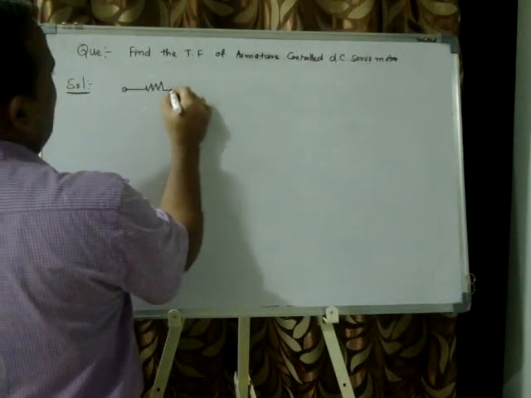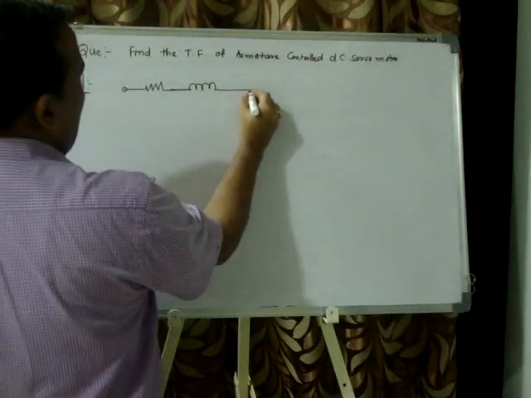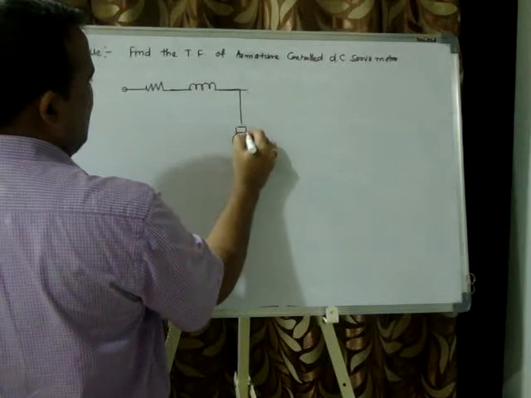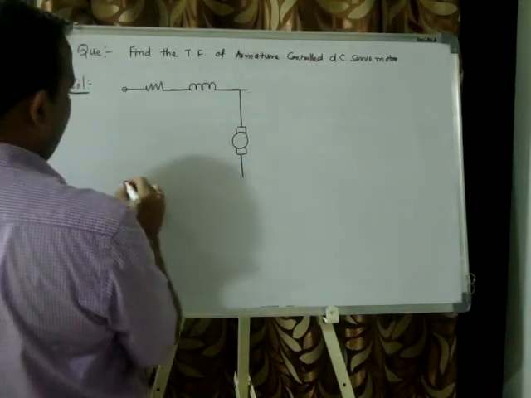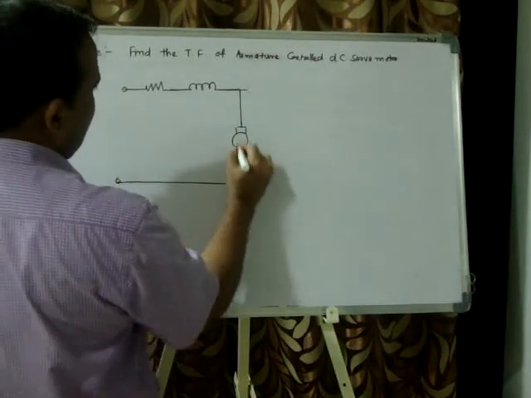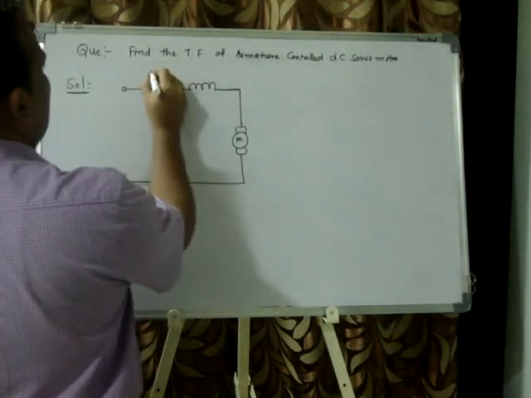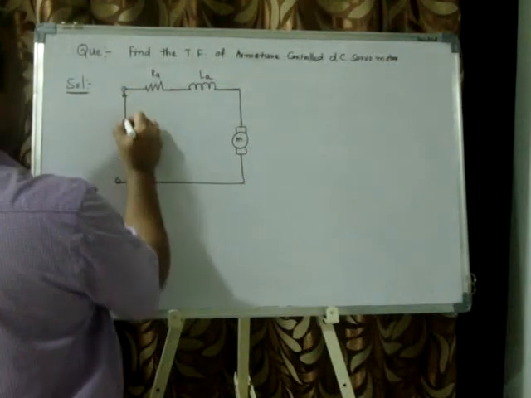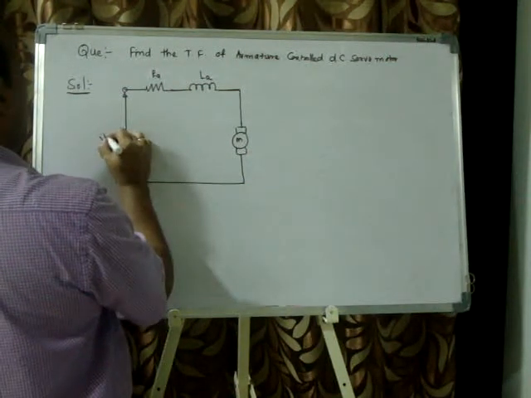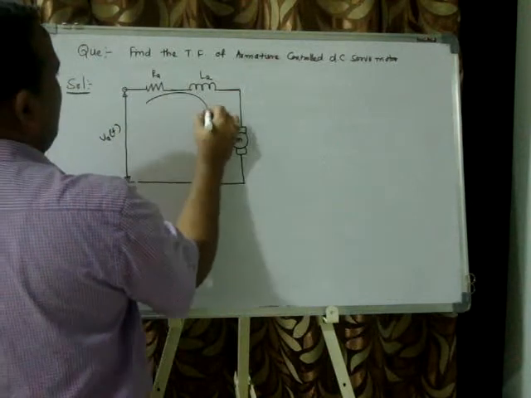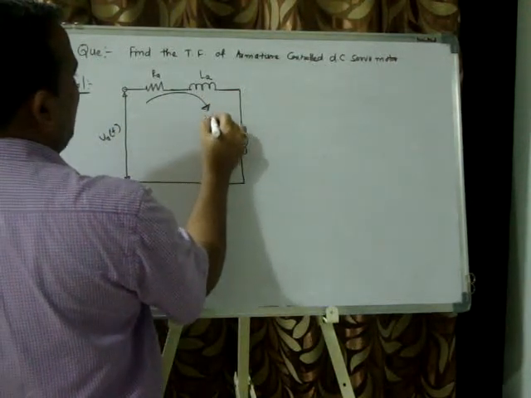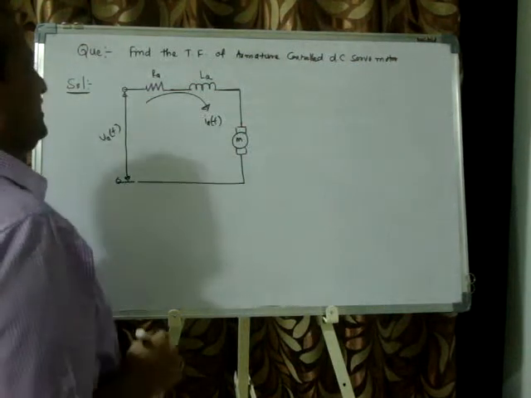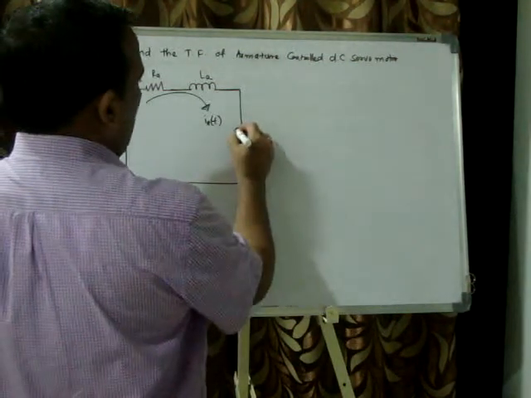Now first we have to draw a figure: resistor RA, inductor LA, then a motor, with the armature voltage, the armature current IA of t, armature resistor, armature inductor, and motor.